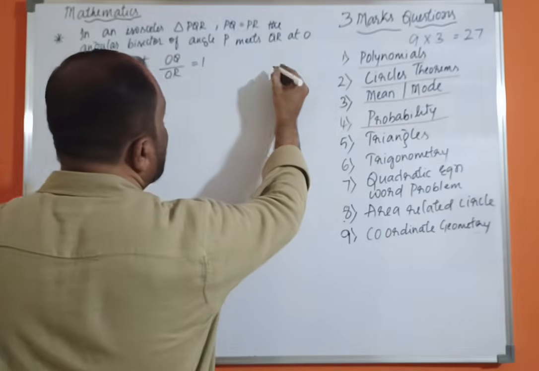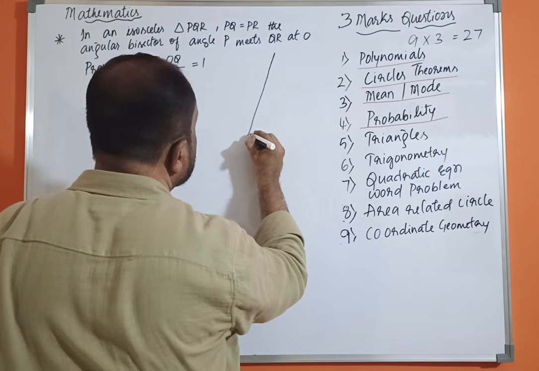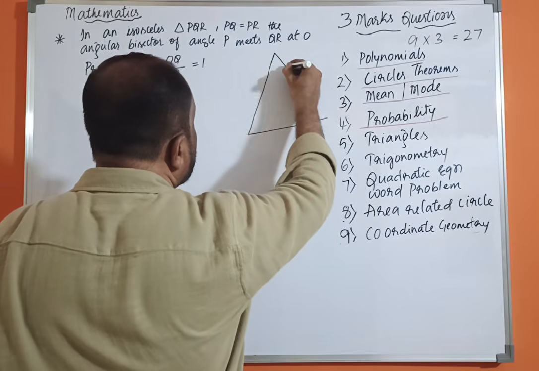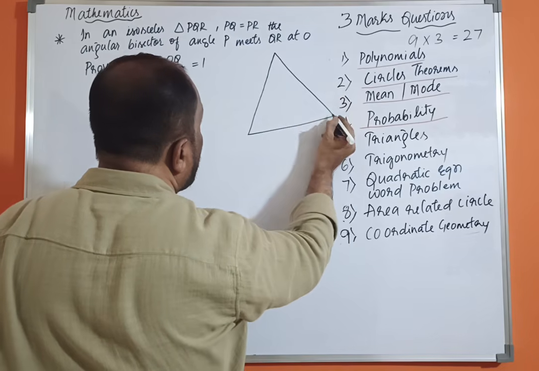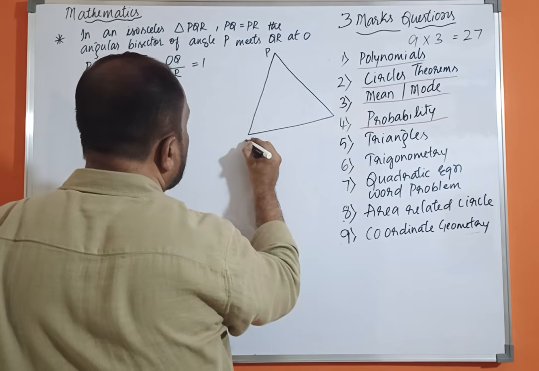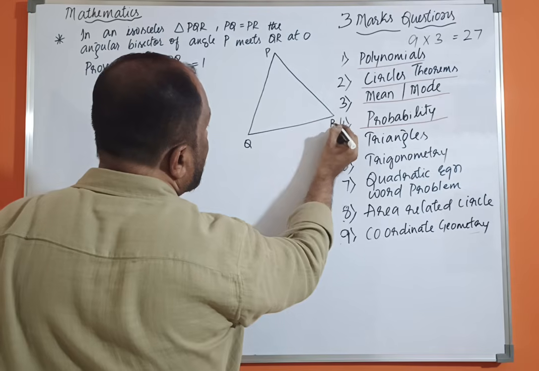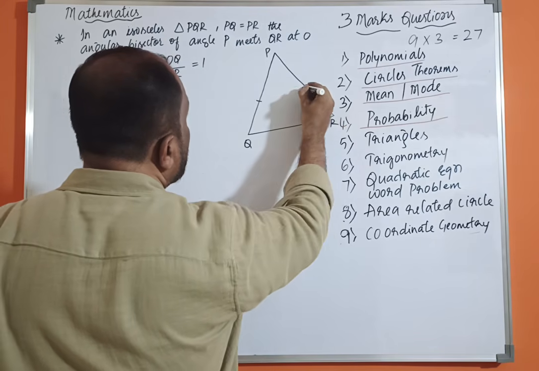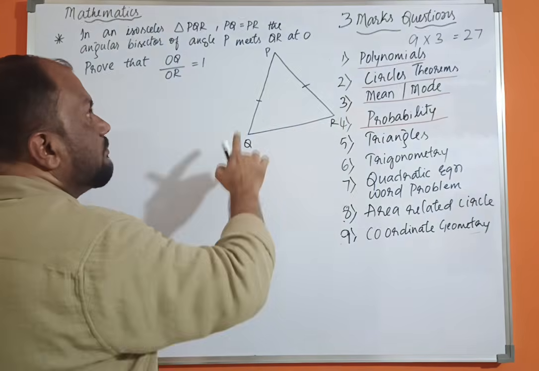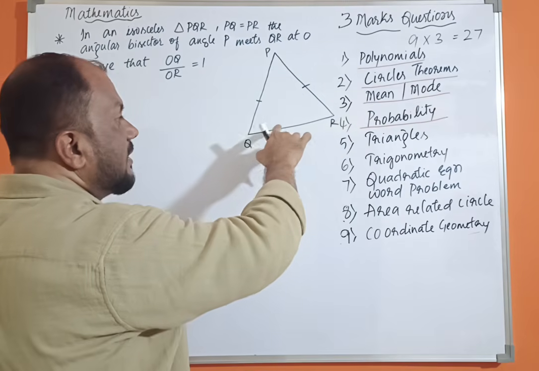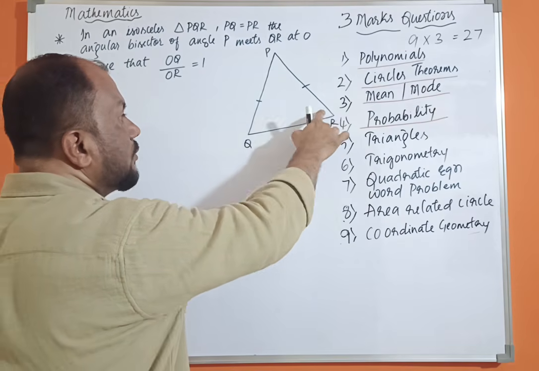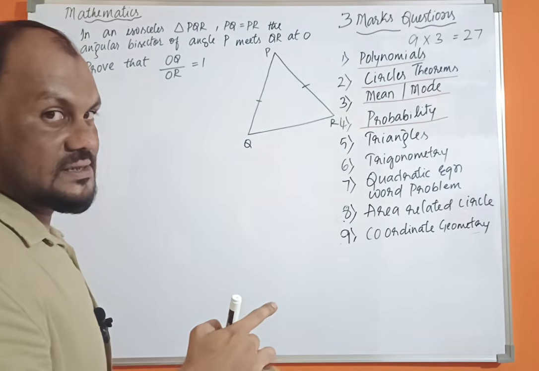So let us draw the diagram first. This is my diagram. I have a triangle PQR in which PQ is equal to PR. So if PQ is equal to PR, then angle Q is equal to angle R, a property of isosceles triangle.